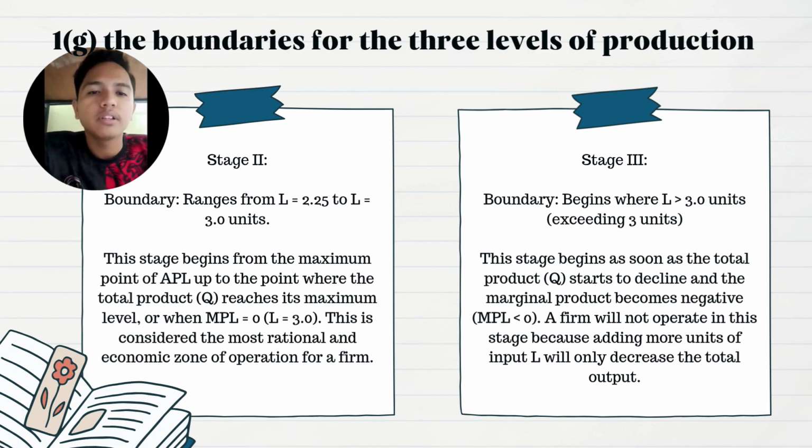Next, moving to stage 3, where the boundaries begin with the input exceeding 3.0 units. A firm will completely avoid operating in stage 3 because this is the phase where the total product starts to decline, causing the marginal product to drop below zero and become negative, meaning that adding more units of input L will only decrease the total output.